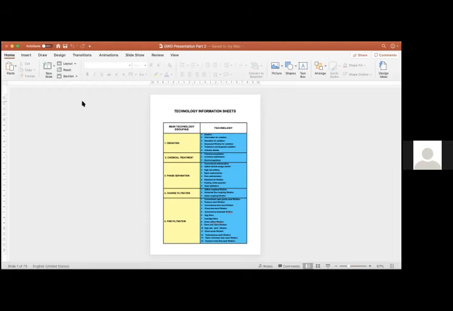Let us keep Sizwe's question for after the second part, and then we can follow with other questions. Okay, I have picked up on Sizwe's question, so I'm going to hand back to Chris then. Thank you, Etienne. Is this slide with heading technology information sheets on the screen now? Yes, I can see it, Chris. Okay, great. So I'll just continue.